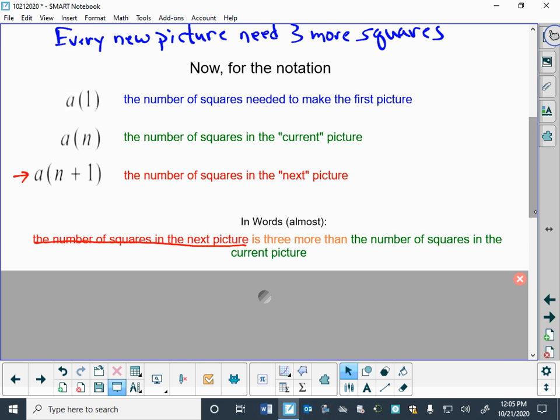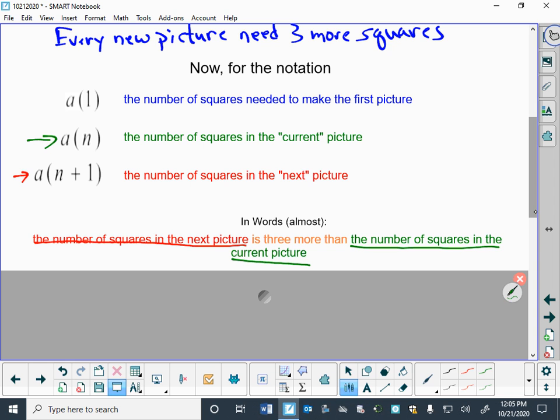I don't have the "3 more than" captured in any of my notation here. The number of squares in the current picture, that was my green one, that was this one.